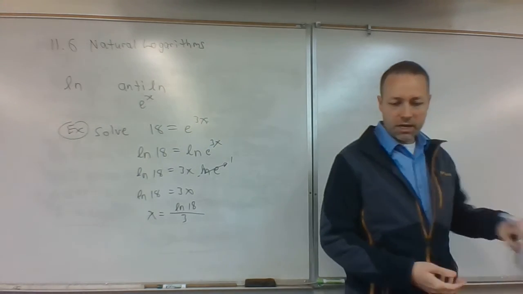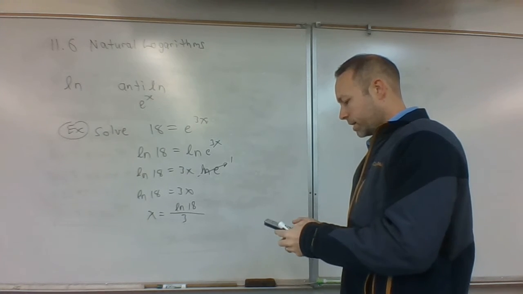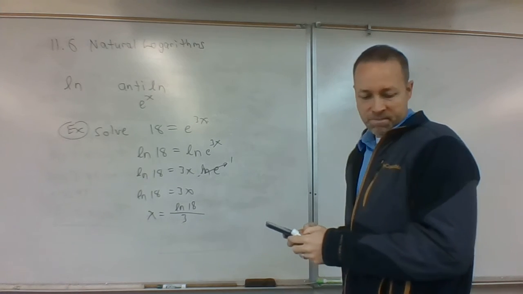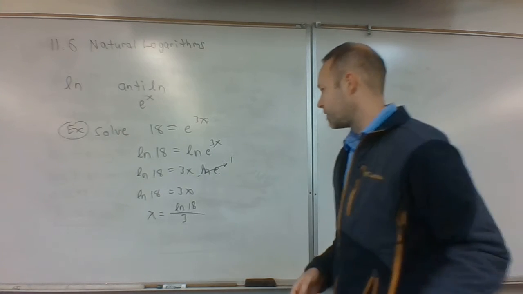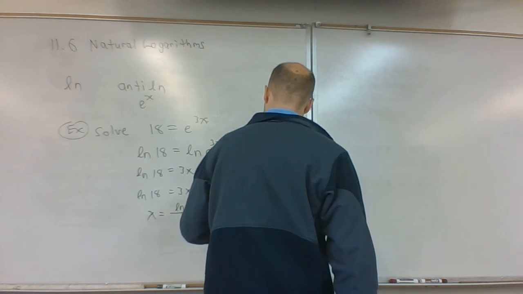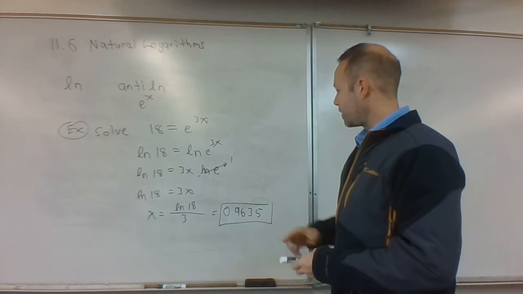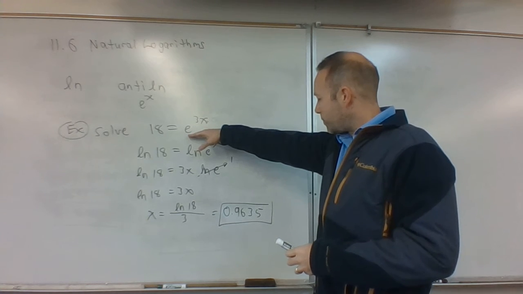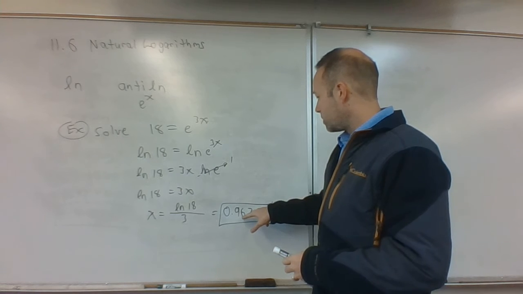Plug that into your calculator and let's see what we get. Natural log ln 18, divide that by 3, and we get 0.9635. In other words, e, which again is roughly 2.71828, to the 3 times almost 1.